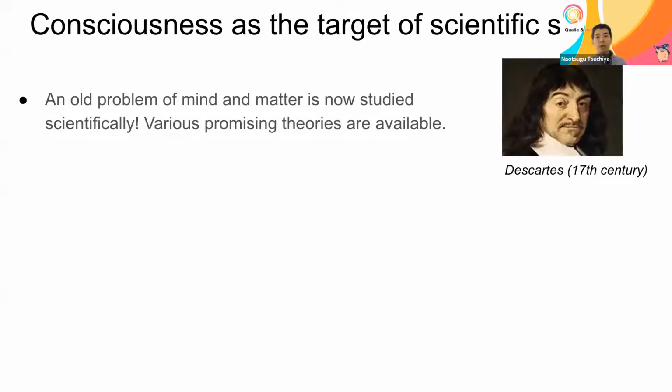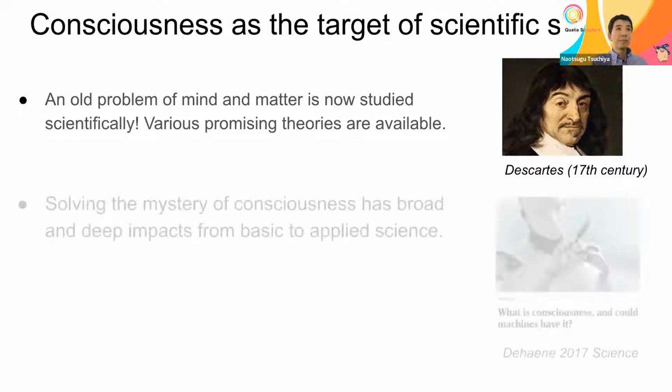So, a brief tour of the background of consciousness study. The most famous starting point is René Descartes in the 17th century, who recognized the problem of mind and matter. He argued that we should study scientifically the matter side, but not the mind side.